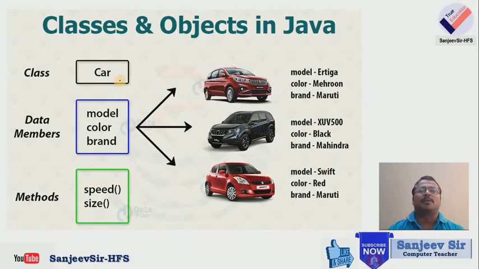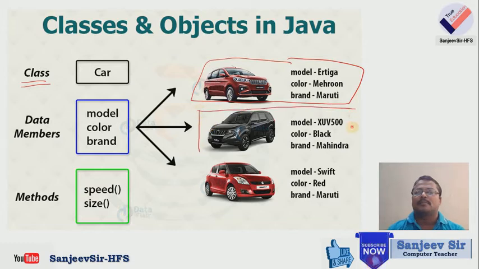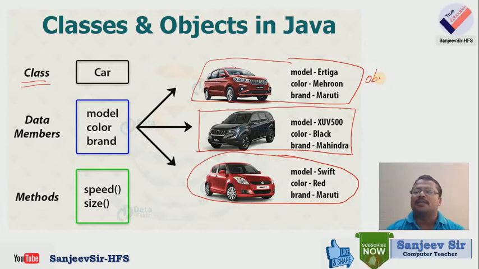Now we understand about a group of objects, that is a class. You understand here different objects: one object is this, another object is this, and another object is this. You see here three objects, so you can consider this is object 1, this is object 2, and this is object 3.